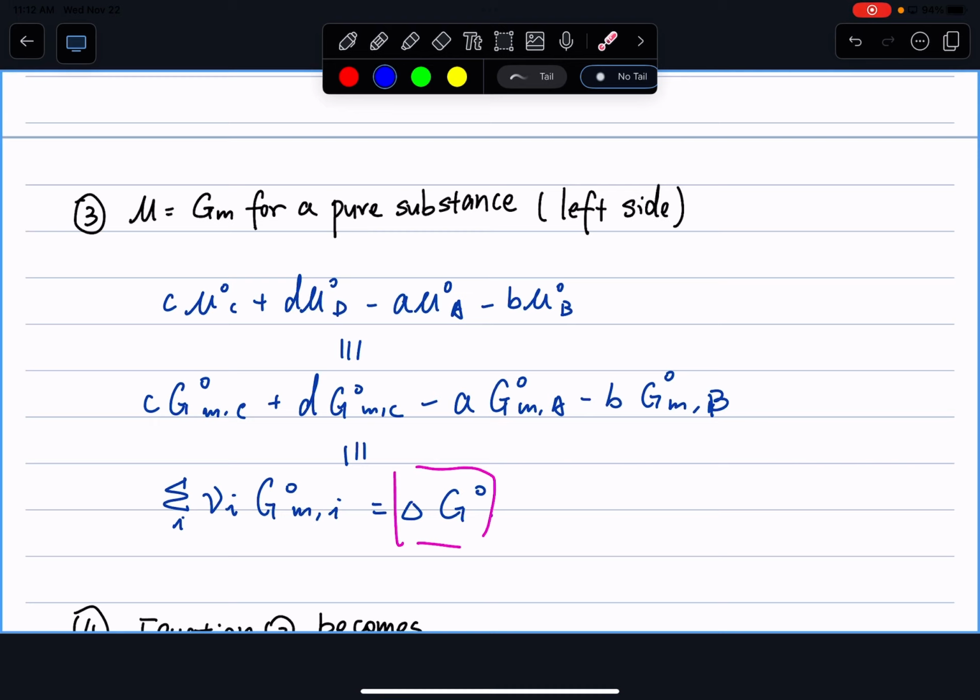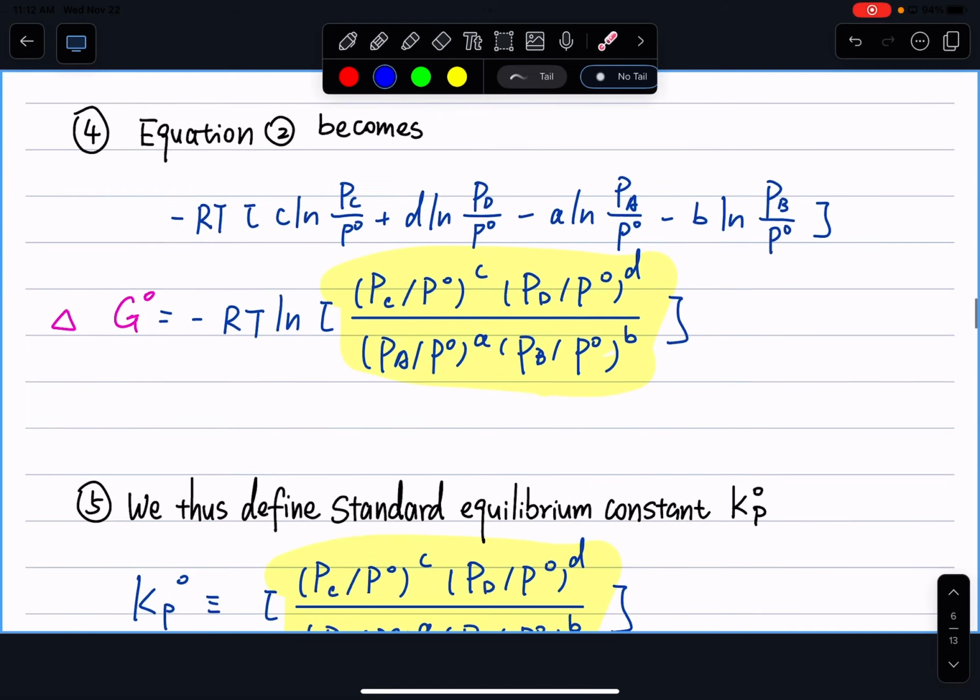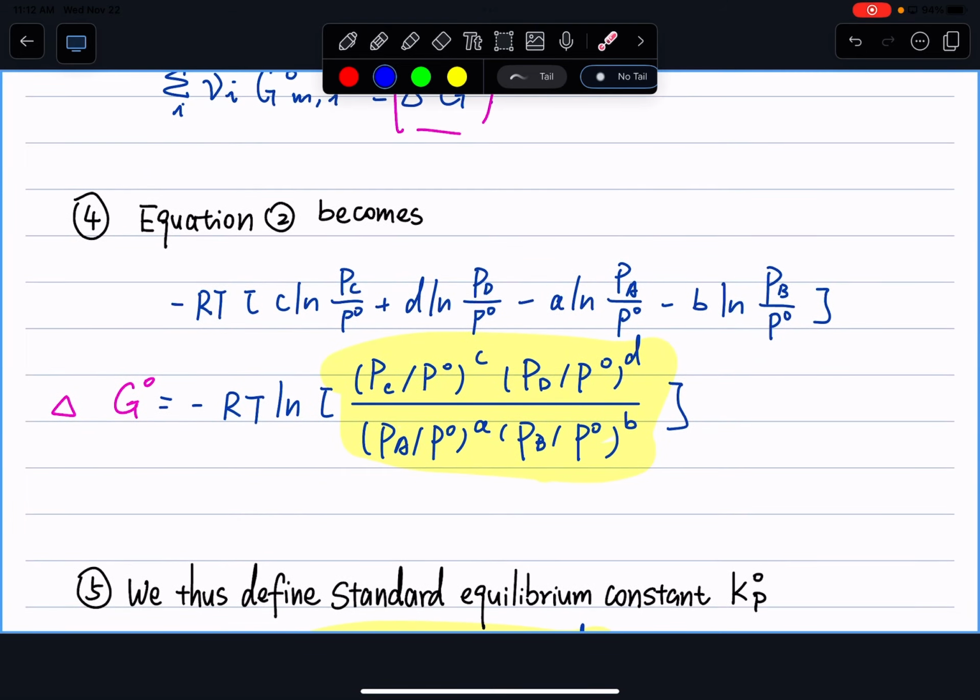So the left-hand side becomes the delta G naught of a reaction. And we went over examples in how to calculate delta G naught of a reaction under standard conditions from the thermodynamic table. All right. And then on the right-hand side, we simplified our expression for our partial pressure.